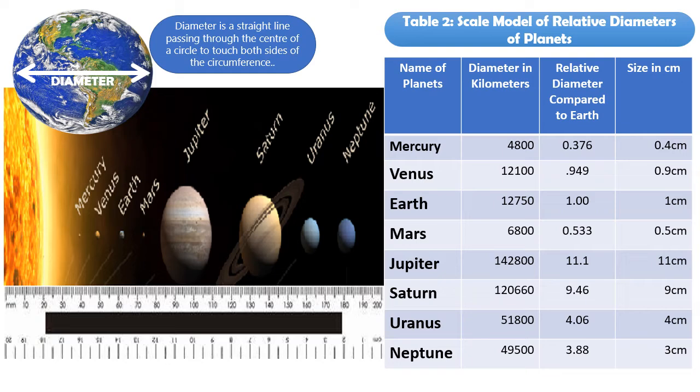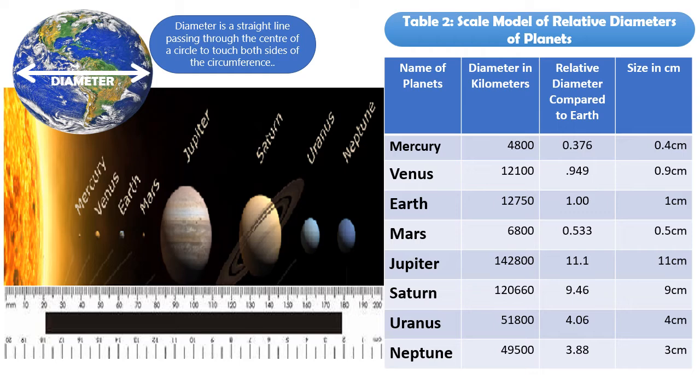To get the relative diameter, 4,800 is divided into the Earth diameter, which is 12,750, and the given quotient is 0.376. And converted or rounded up to centimeter is 0.4 centimeter.